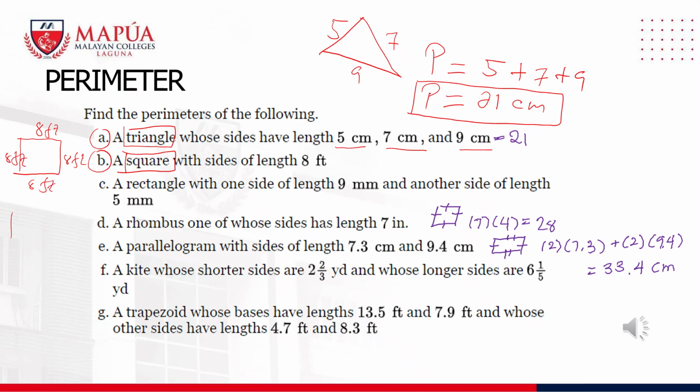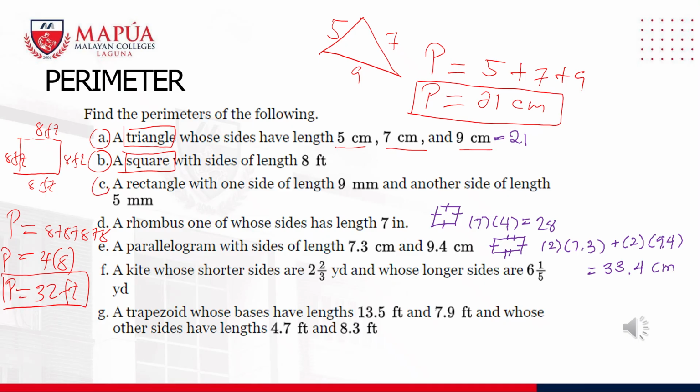So the perimeter is simply the sum of all the sides: 8 plus 8 plus 8 plus 8, or simply 4 times 8. So the perimeter is equal to 32. The unit is feet. Okay, so that is example B.